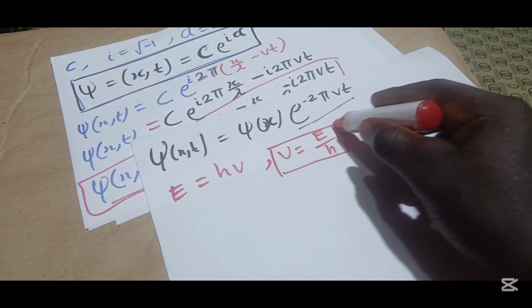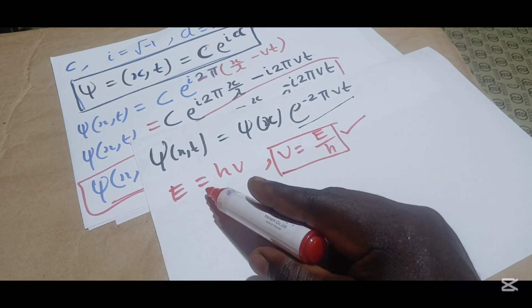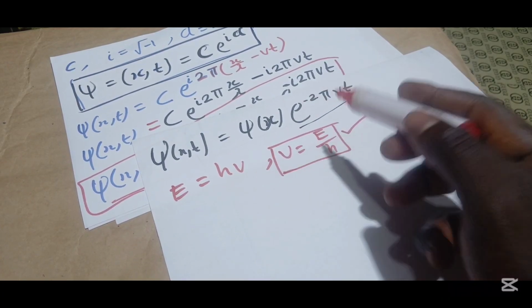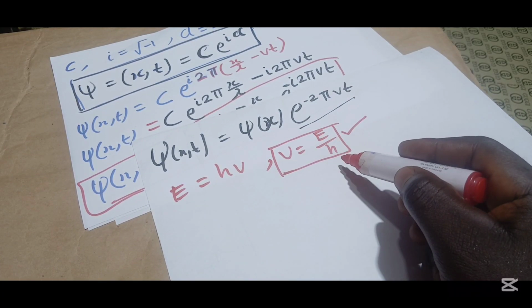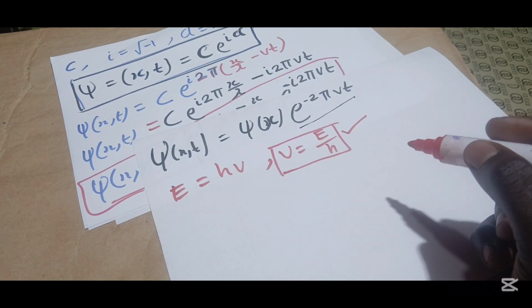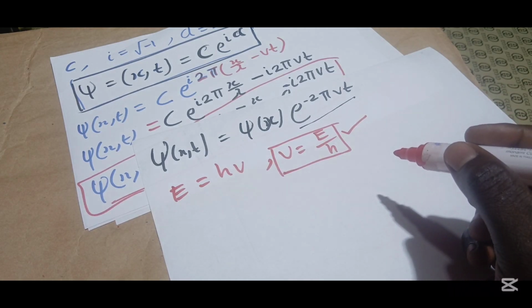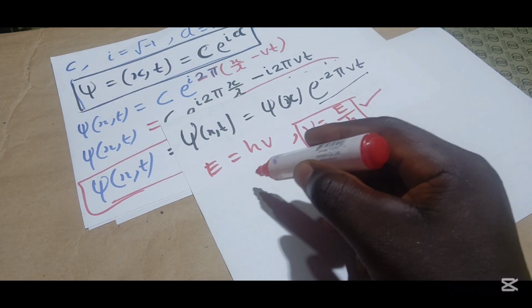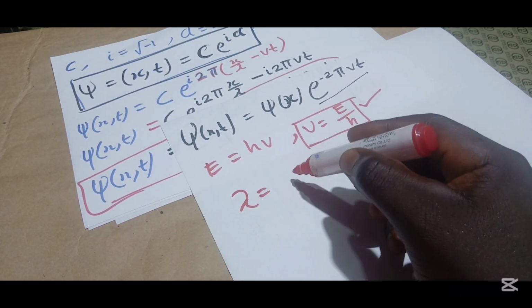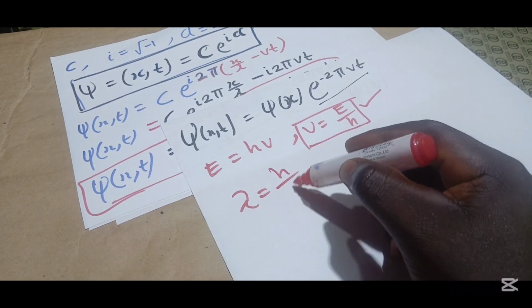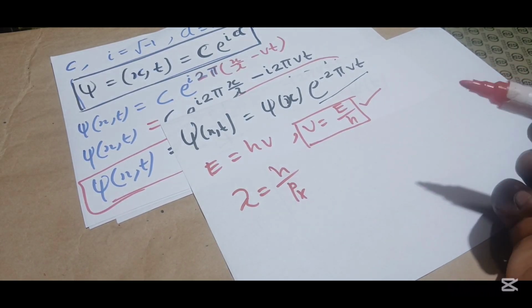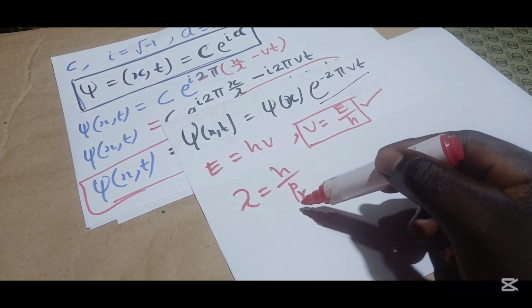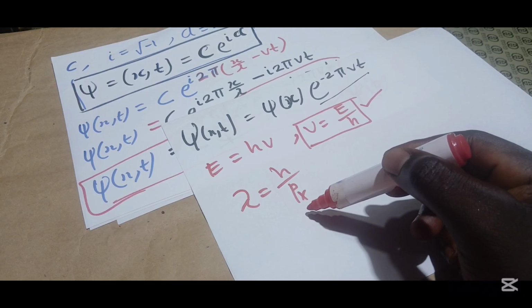This equation here is the Planck-Einstein relation, where E is the energy and h is the Planck constant. And let's look at that of the de Broglie relation. The de Broglie relation is lambda equal h over px, where px is the momentum in x direction.